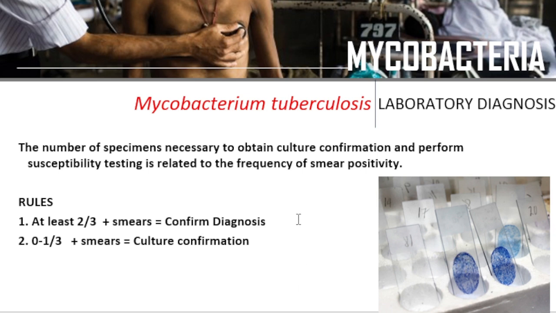Now here are the rules for reporting the positivity of the smear, since three specimens are submitted. At least 2 out of 3 smears positive will confirm the diagnosis for Mycobacterium tuberculosis. If 2 out of 3 smears are positive, showing Mycobacterium tuberculosis, which is red, slender rods, it can already confirm the diagnosis.